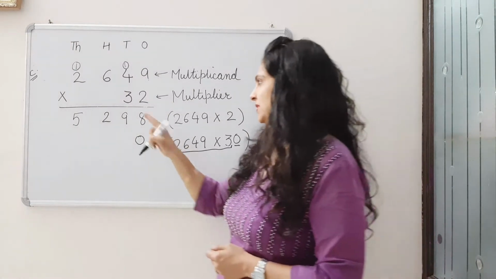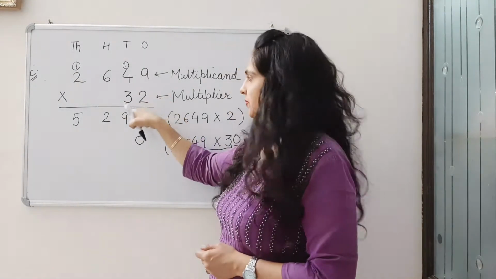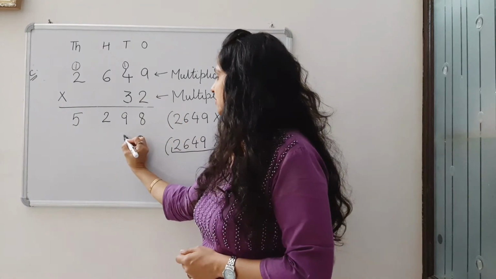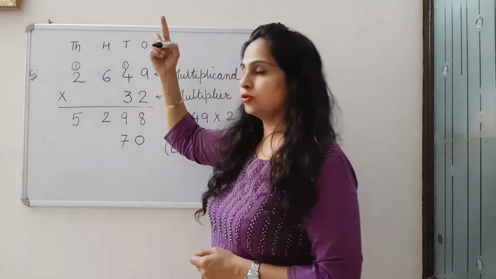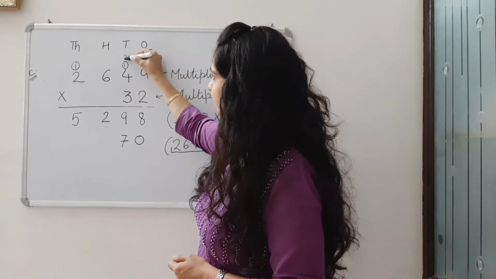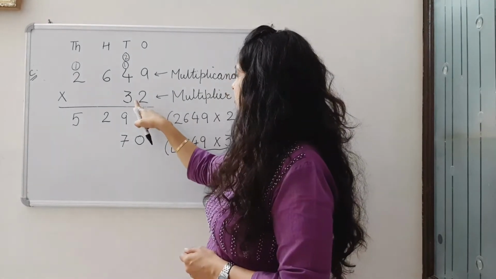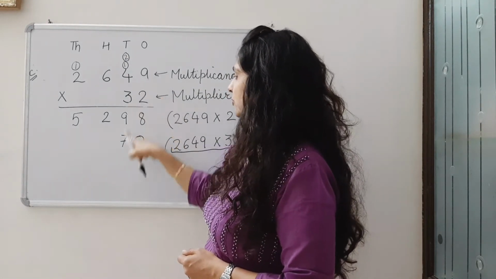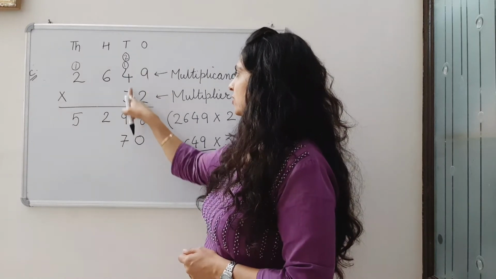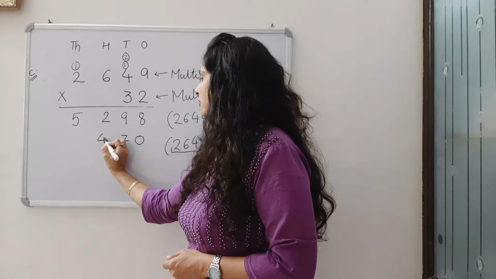Okay, now let's multiply. First of all, we will multiply 3 by the 1's digit. 3 9s are 27. Now we will carry 2 above this carry. Fine. 3 4s are 12. 12 plus 2, 14.